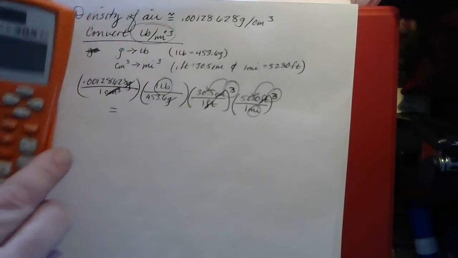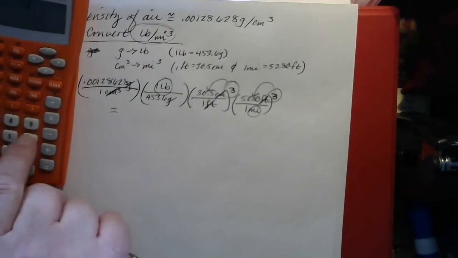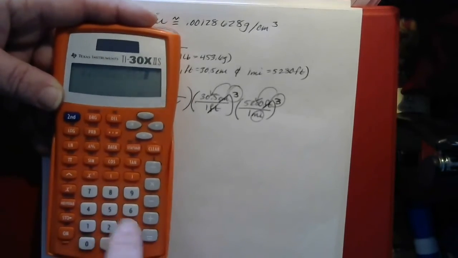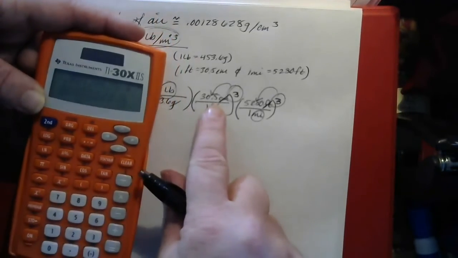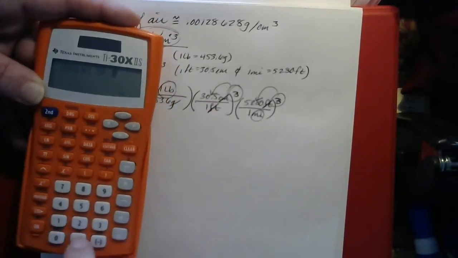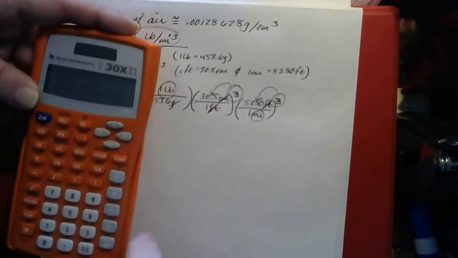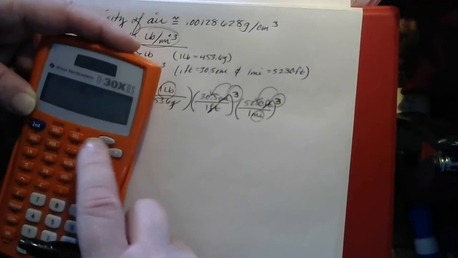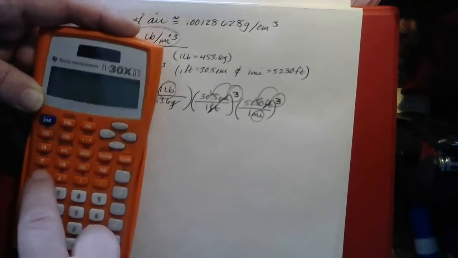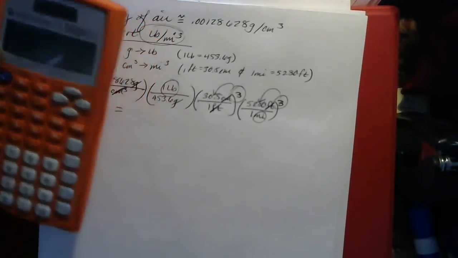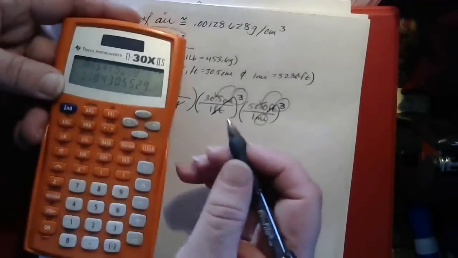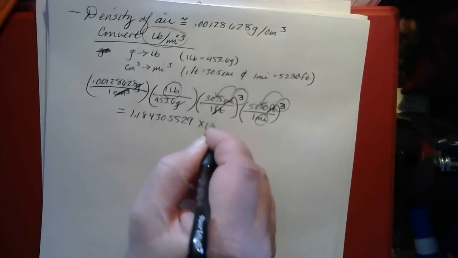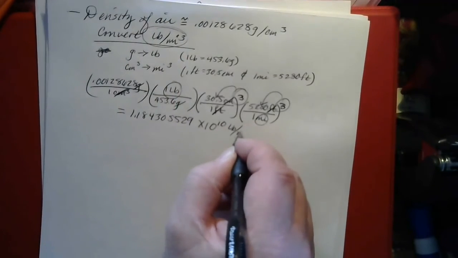For the number, I would take 0.0012868 divided by 453.6 equals that, times 30.5 to the 3rd power equals that, times (5280 to the 3rd power) equals that: 1.184305529 times 10 to the 10th.